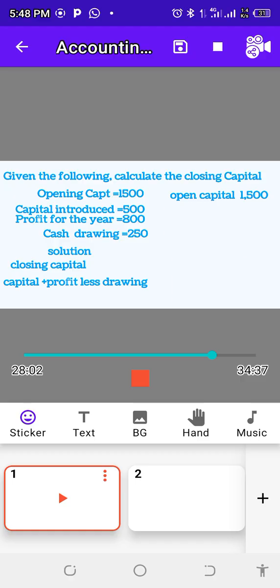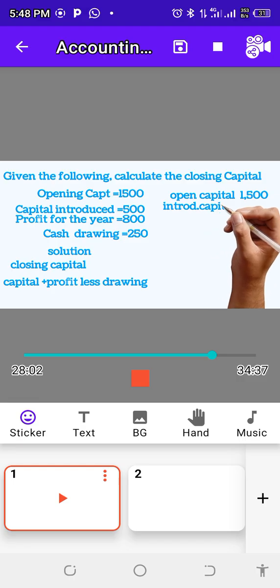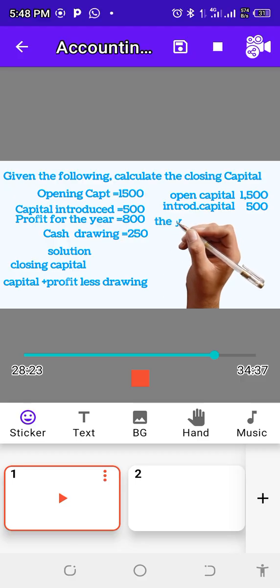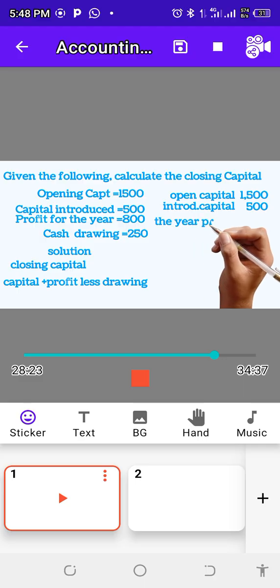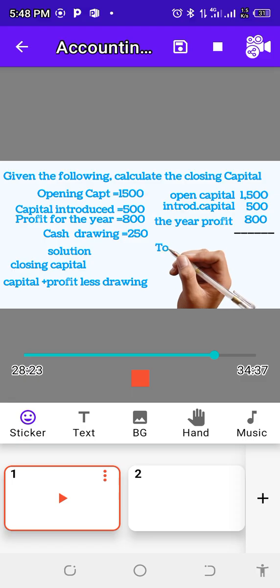Opening capital 1,500, introduced capital 500, then profit for the year is 800. You total this. When you total this, you will remove drawing, and that will give you the closing capital.